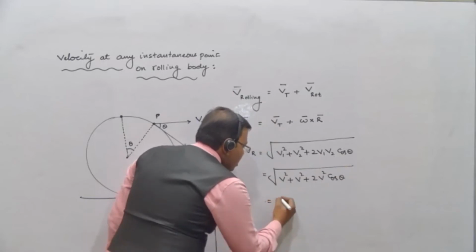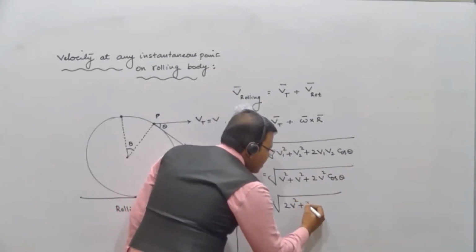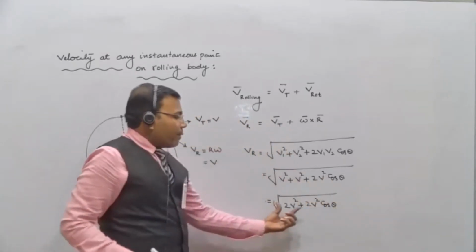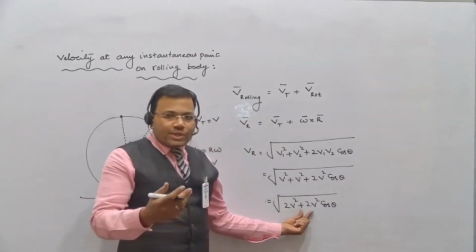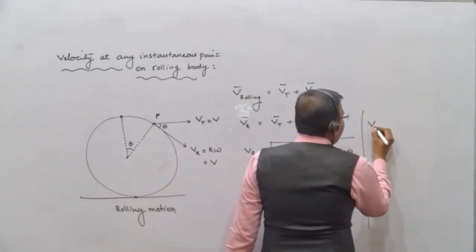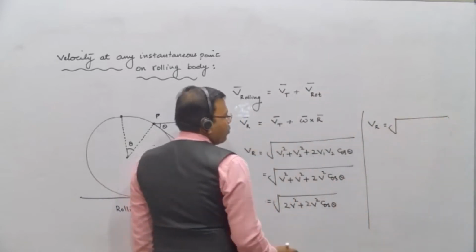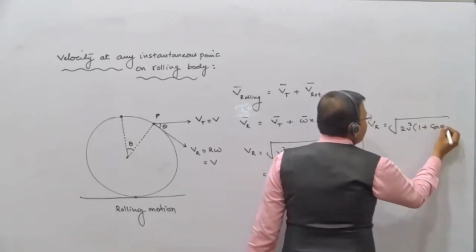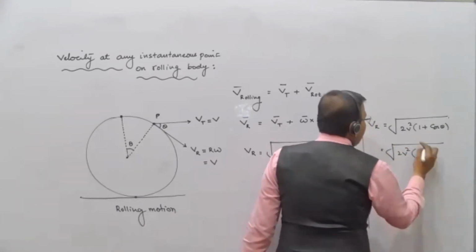That is the square root of v square plus v square, which is 2v square, plus 2v square cos theta. This is the expression, but let us simplify it. I can take 2v square common. So vr is equal to the square root of 2v square into 1 plus cos theta.